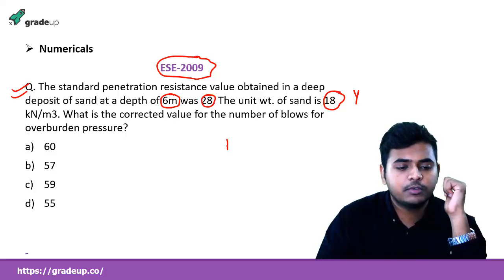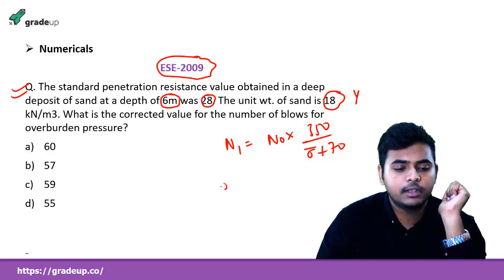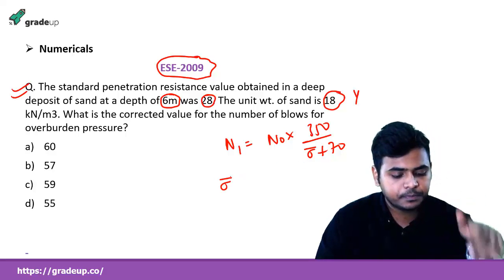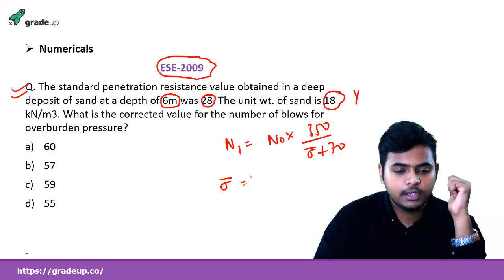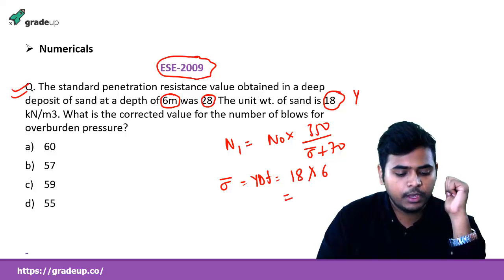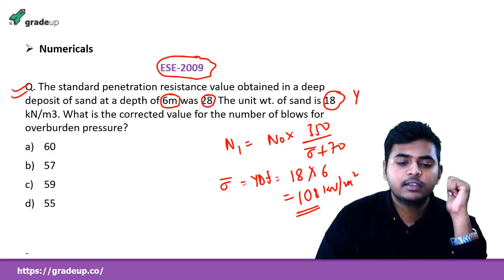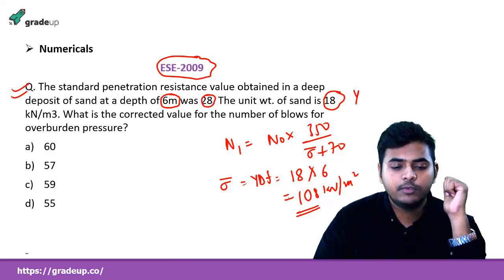For overburden pressure, what do we know? N1 is equal to N0 into 350 by sigma bar plus 70. So we have to first find the value of sigma bar. This value will be gamma into Df. Gamma value is given as 18 into depth of foundation given as 6 meter. So this value is 108 kN per meter square. Now as this value is less than 280, we can consider this.